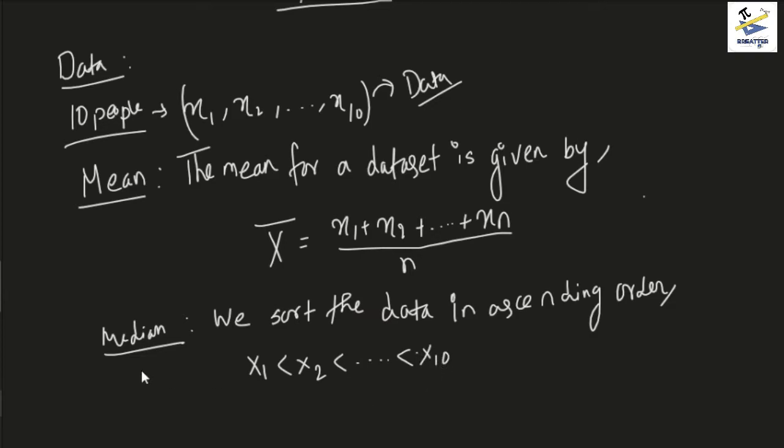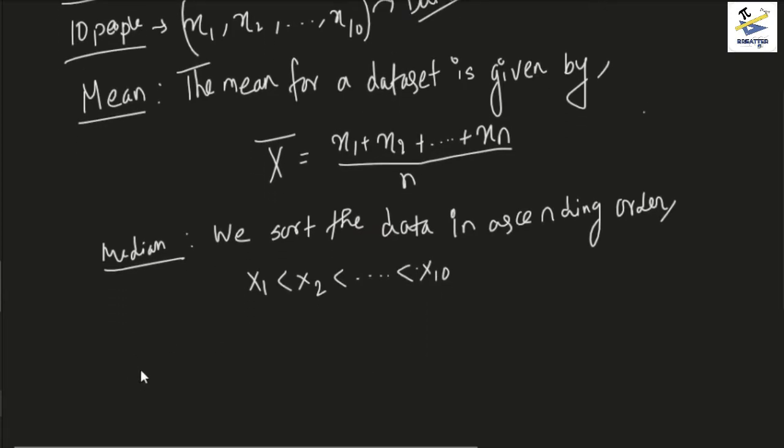After we are done sorting the data in ascending order, what we need to see is the middle points. Now since there are an even number of them, there are two middle points, that is x5 and x6, and they contribute to the median m, which is given by the average of these two. And if it were not even, let us say we had 5 quantities, then there is only one middle number, that is the third one, so we only take that one, right?